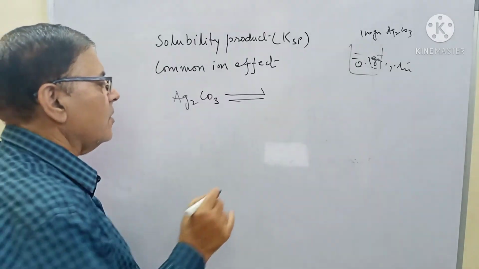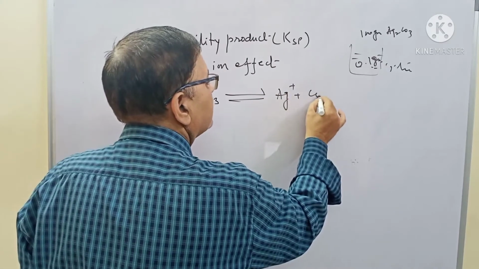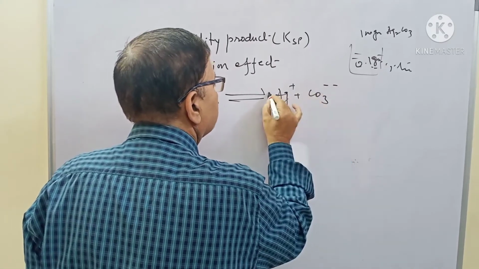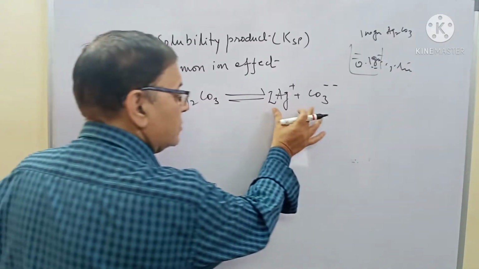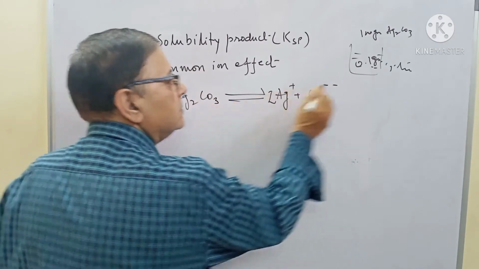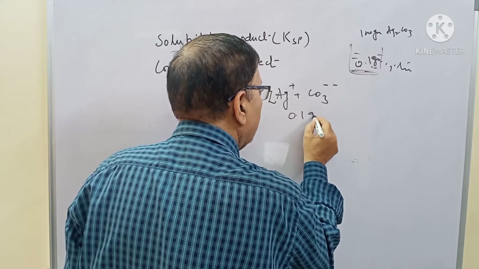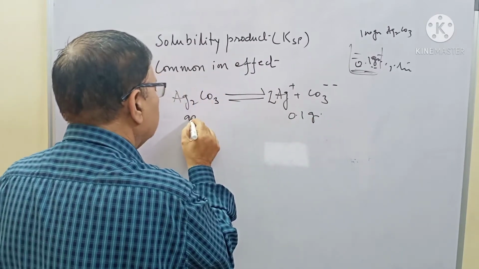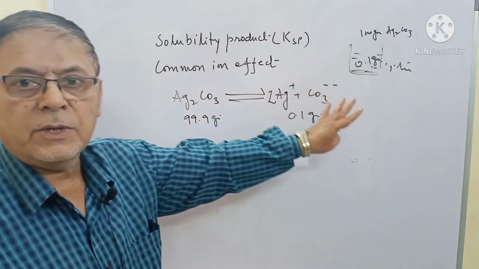When the substance dissolves, it is in ionized form, Ag+ and CO3 2-. This is the soluble part, this is the insoluble part. So this is 0.1 gram and this is 99.9 grams. So the solution is saturated.